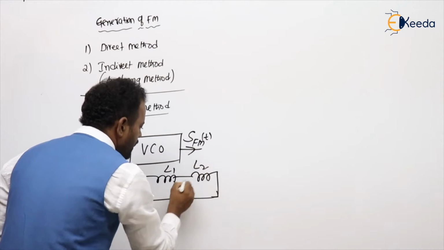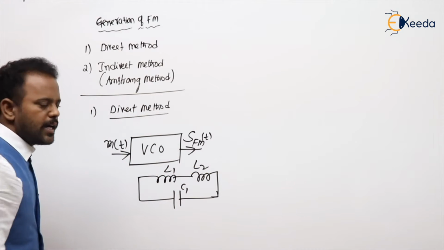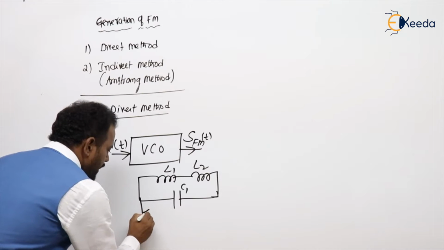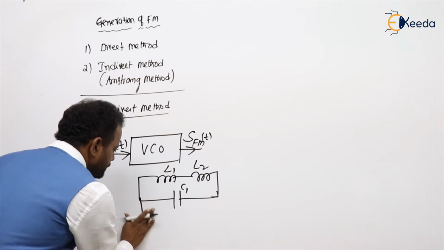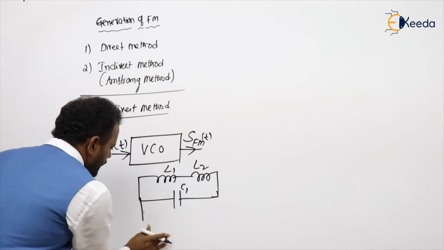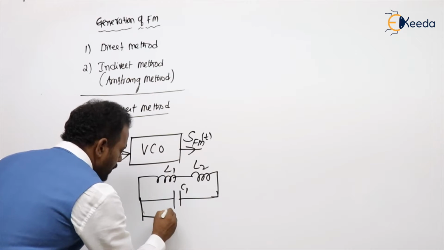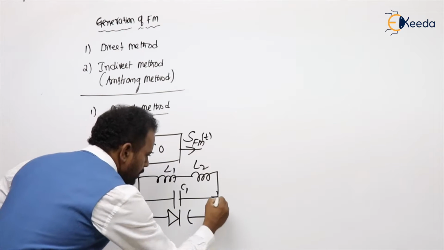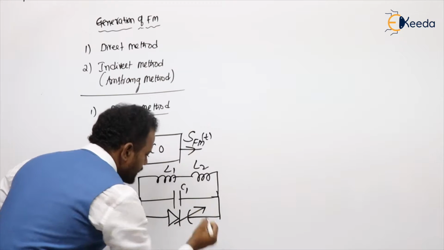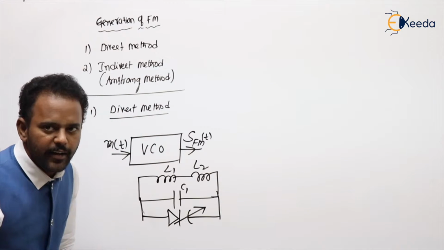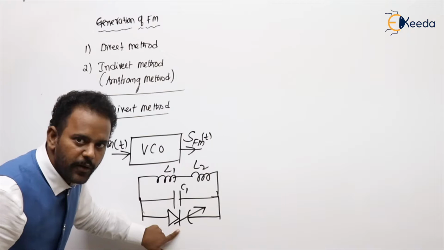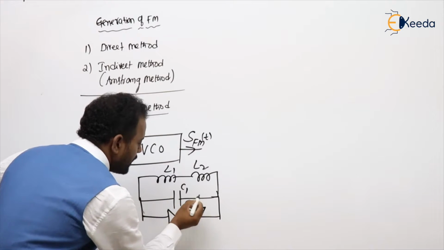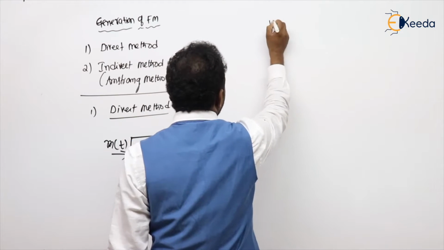Let's take L1, L2, C1. Across this we connect one more diode. By seeing the symbol itself you can say the name of the diode. Exactly, it is a varactor diode.